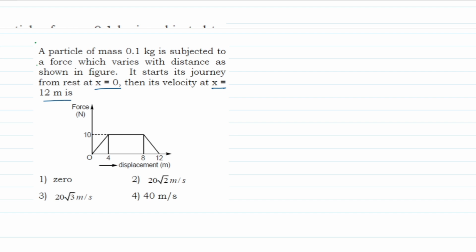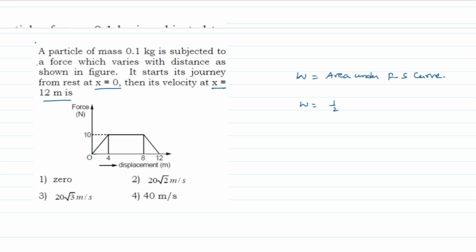Work done is nothing but the area under the F-S graph, area under the F-S curve. Here it's a trapezium that is given. Here work done is nothing but the area you can take. Here area is nothing but half into the sum of the two sides.